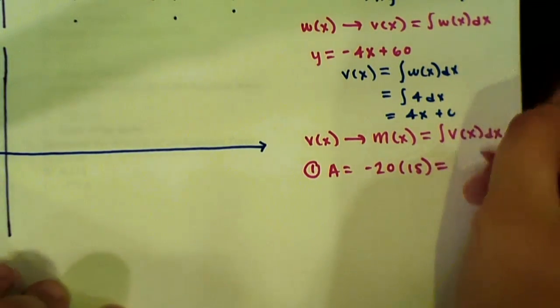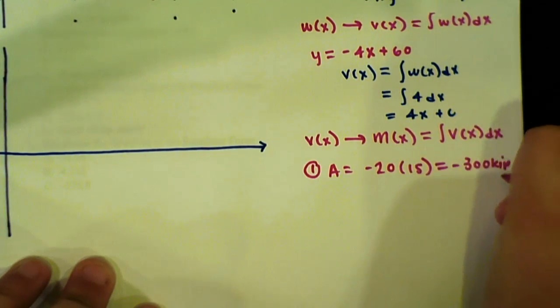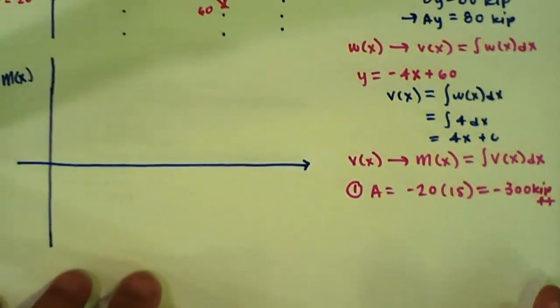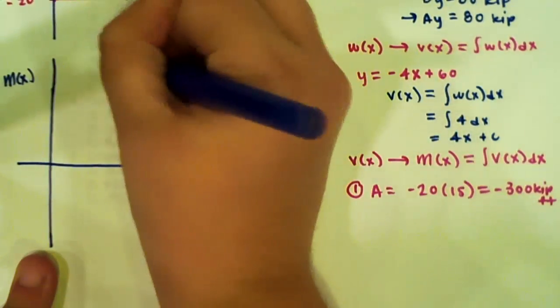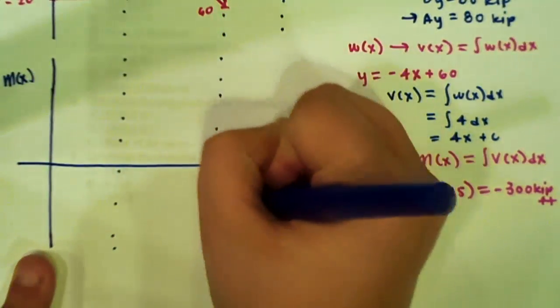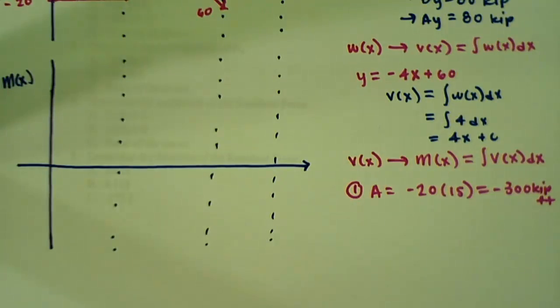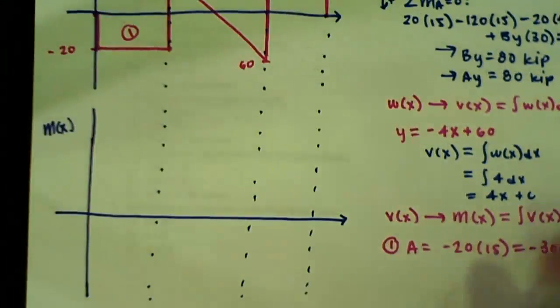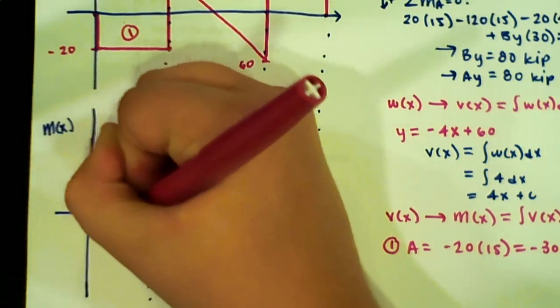That is going to give us negative 300 kip feet, which is where our function is going to end at that breakpoint. So we'll start at 0, and then we'll go down to negative 300.